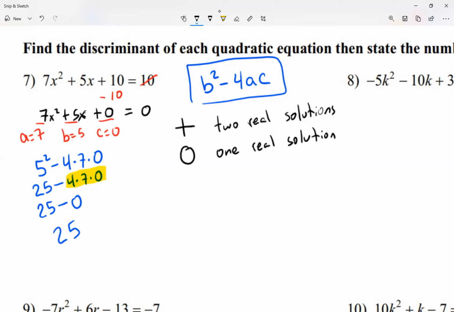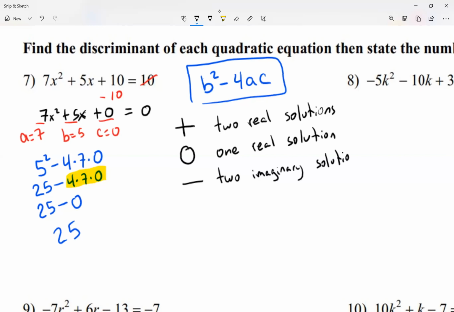But sometimes my discriminant might be negative. Again, I'm just looking at the sign. Now, if I asked you, can you do the square root of a negative? Then we will say, yes, we saw this already. We're going to get 2 imaginary solutions.